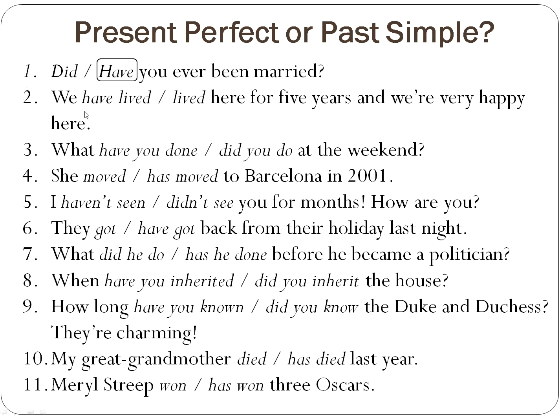Number 2. We have lived, or we lived here for 5 years and we're very happy here. Okay, so we have lived here for 5 years and we're very happy here.